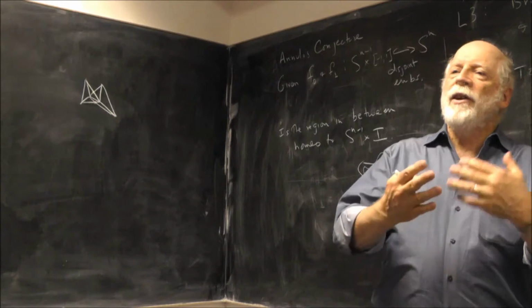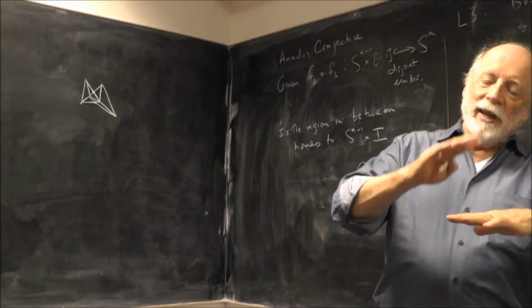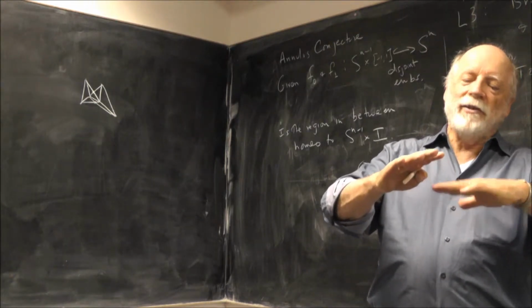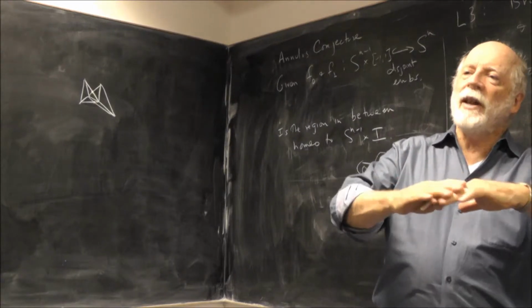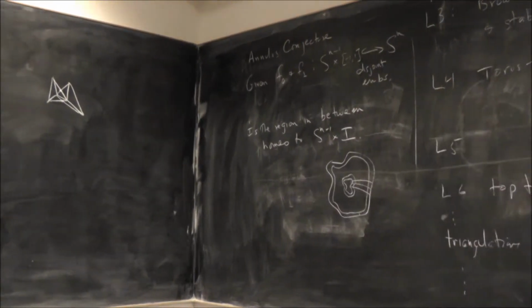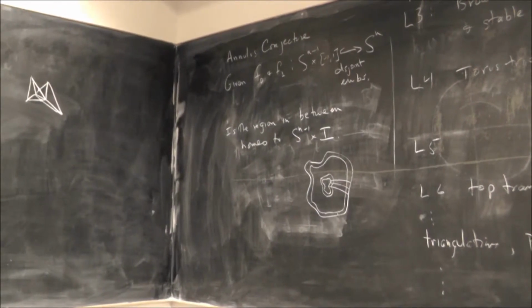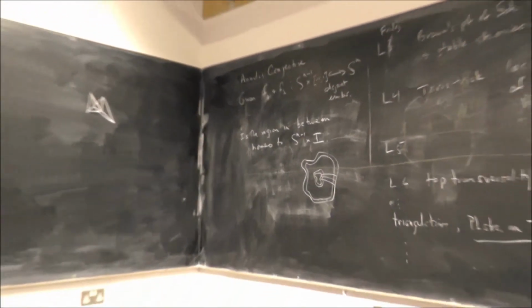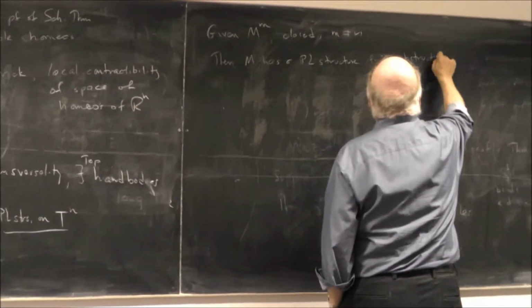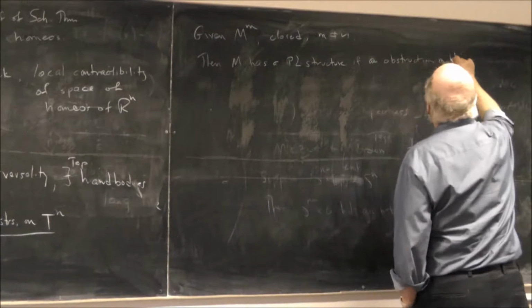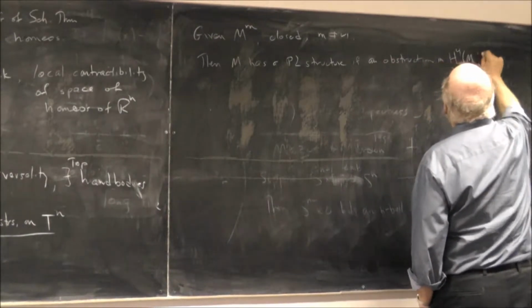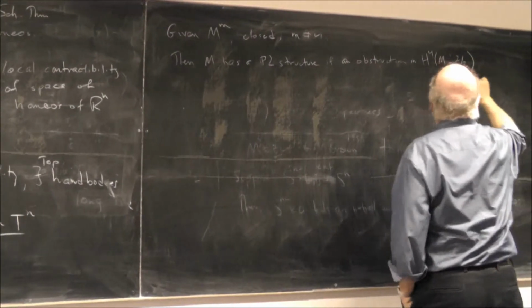If you're doing calculus in this one, you better get the same answer as if you do calculus in this chart when they overlap. That's all that means. So then M has a PL structure if an obstruction in the fourth cohomology of M with coefficients in Z mod 2 vanishes.